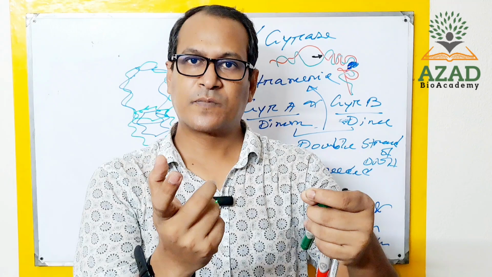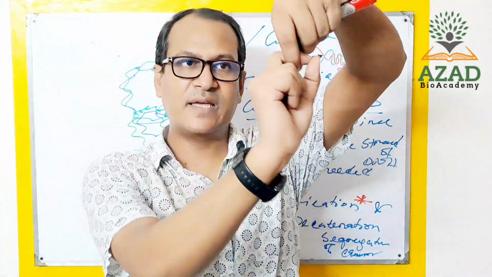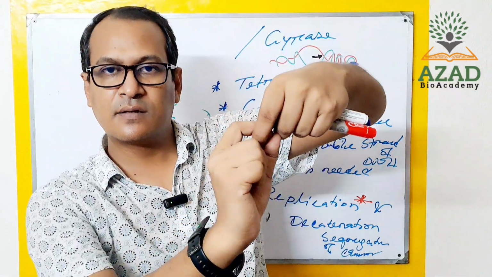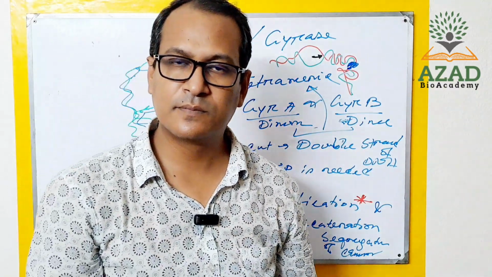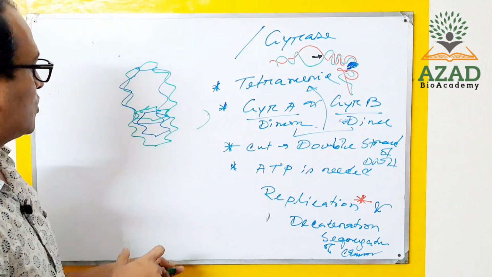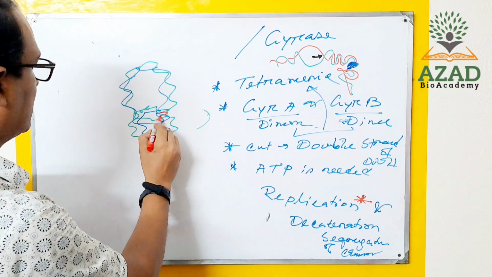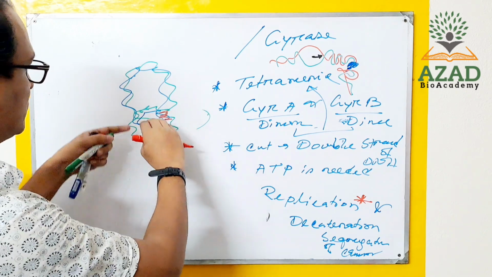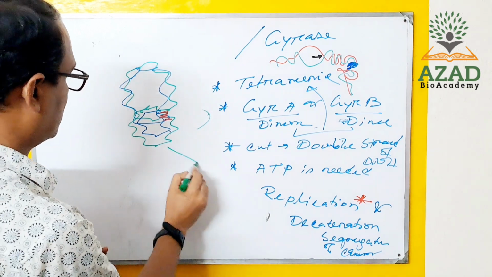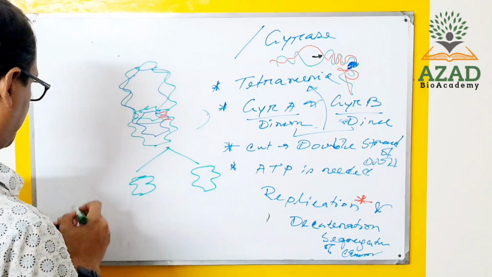But if that enzyme is not working, it will form an interlink like a chain, a ring within a ring. So it will be a problem. It will hamper the replication. So topoisomerase 2 also works to cut that area, that is the double strand, and it will facilitate separating the two round DNAs.